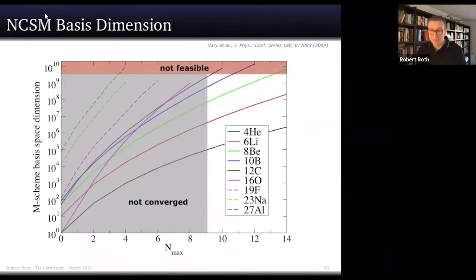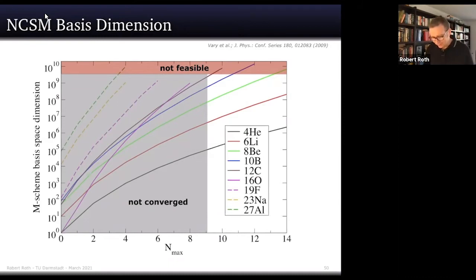So this is about where it's getting hard. And the extreme case is carbon-12, where you just have this little chance, or the last hope up here, at Nmax 10, which would be very, very tough to do. It has been done, so it is possible, but it's very costly in computational terms.